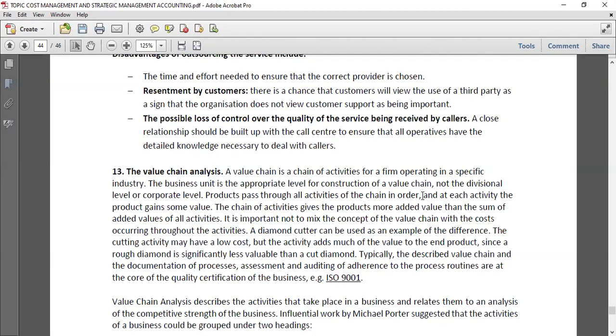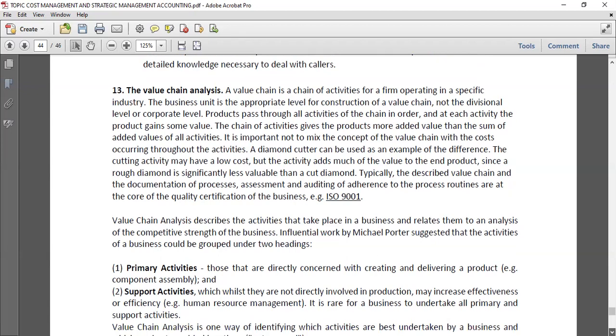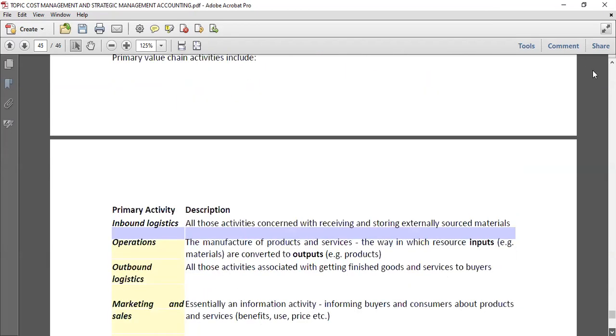That's why Michael Porter suggested those two elements of the value chain, the primary and the support activities. So you're able to analyze those, know where you lie as a business, and see how you can improve that. Okay, so I would love to end this class here.